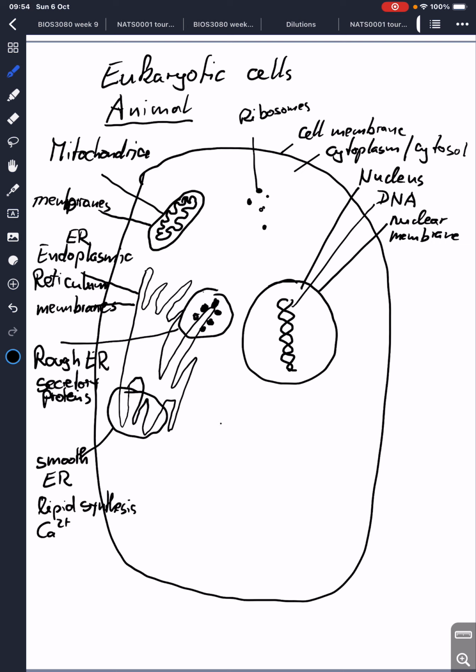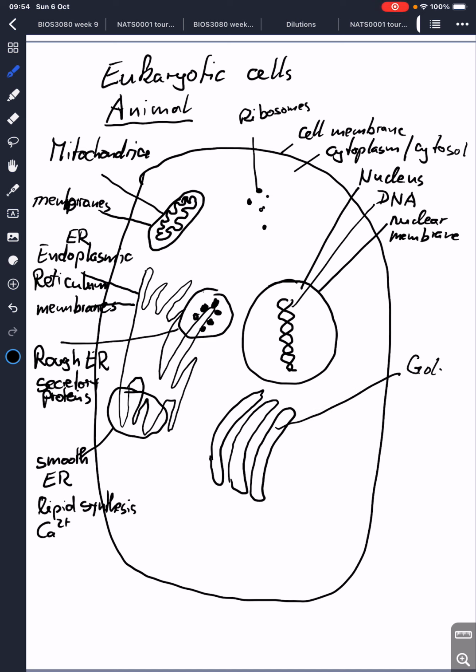We also have a system that looks a little bit like a stack of membranes. Something like that. This is called the Golgi apparatus.